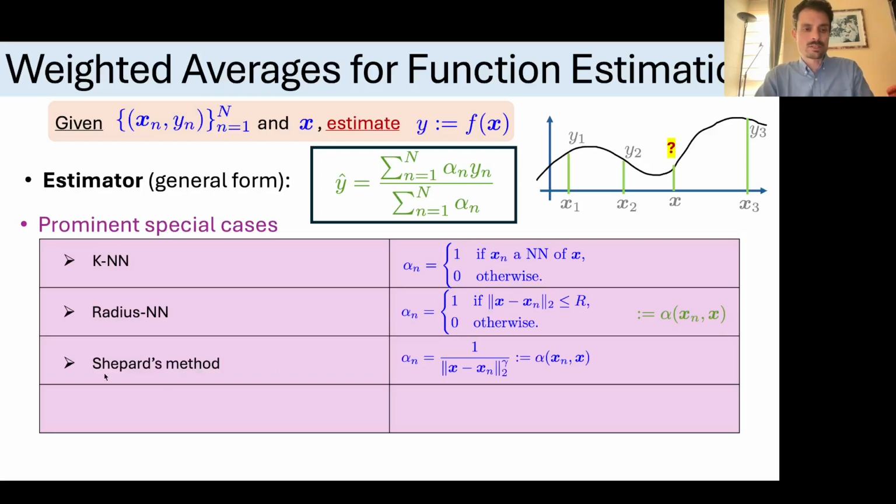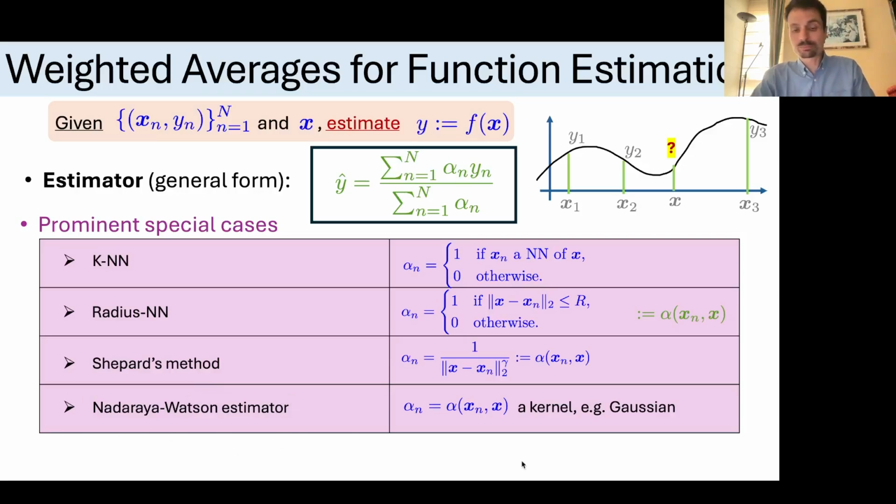So for instance, Shepard's method assigns a greater weight to those observations that are closer to the evaluation point. And also these kernel estimators, where these weights alpha n are obtained by evaluating a kernel function.